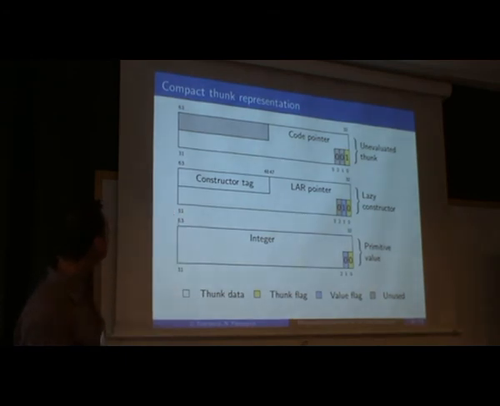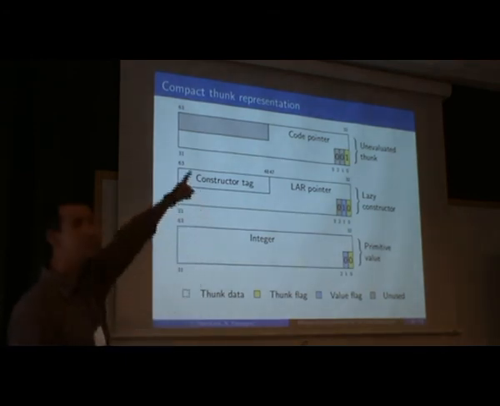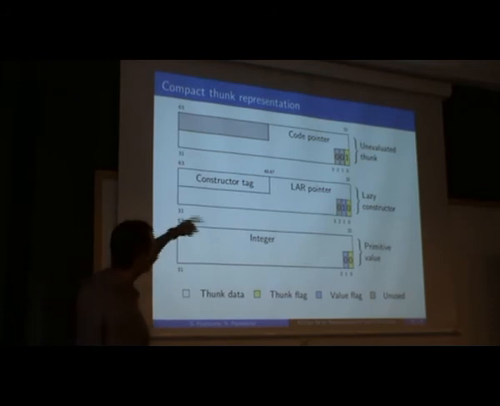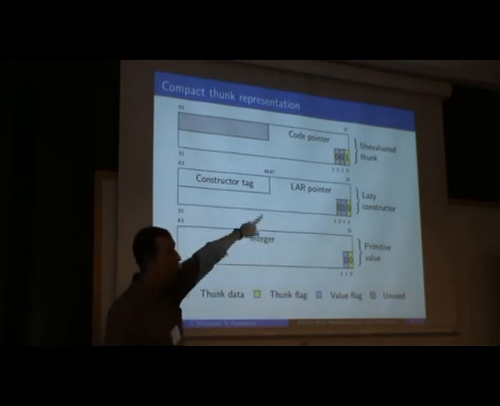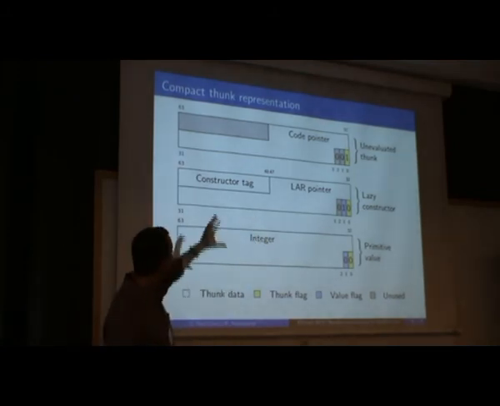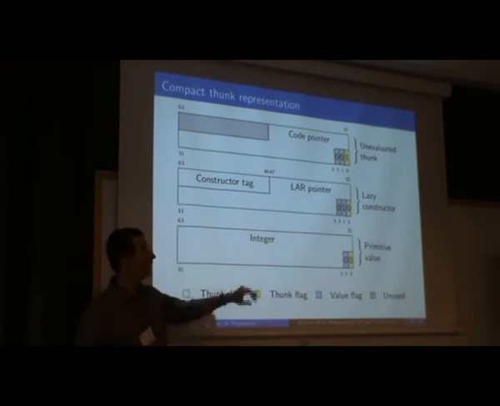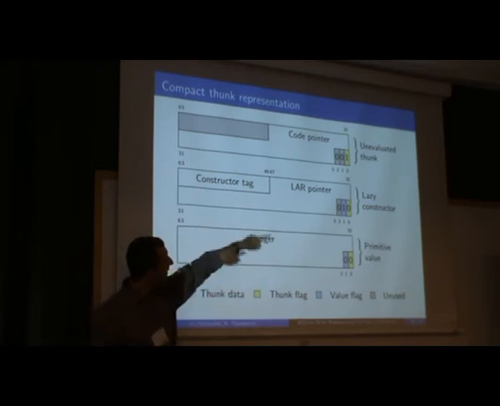So this is the thunk representation we are suggesting. We are using the least significant bit for the flag, and in that case we have plenty of space for the code pointer if it's a 1, so if it's not evaluated. Whereas on the other hand, if it has been evaluated, we put a 0 there, and we can discriminate the two cases of a lazy constructor or a primitive value by putting different values, 0 or 1, in the second bit.